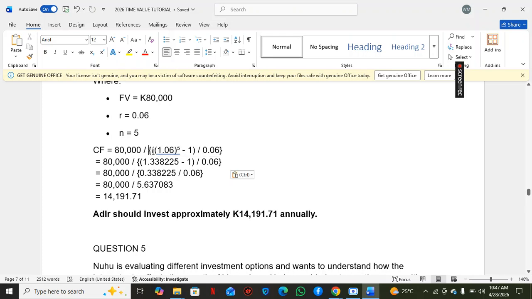So when you're dealing with this one, you fully solve the annuity factor. Once the annuity factor has been solved, then you say 80,000 divided by the annuity factor, which is 5.63708.